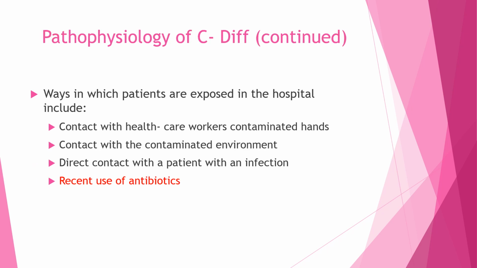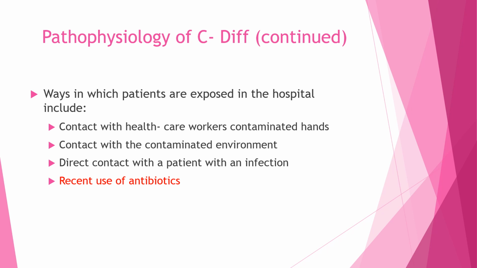So the ways in which patients are exposed in the hospital will include, ladies and gentlemen, listen up: contact with healthcare workers with contaminated hands, contact with contaminated environment, direct contact with a patient with an infection.